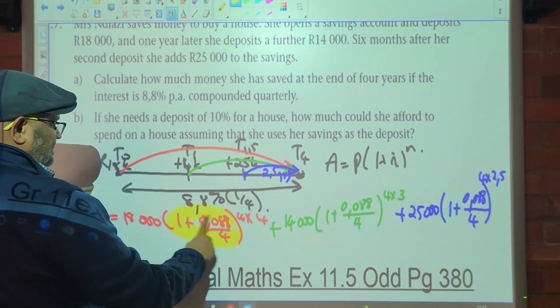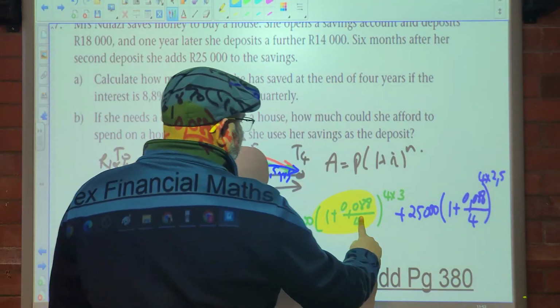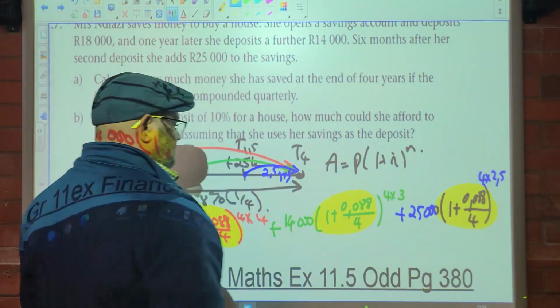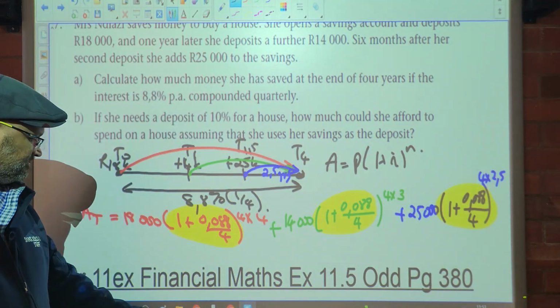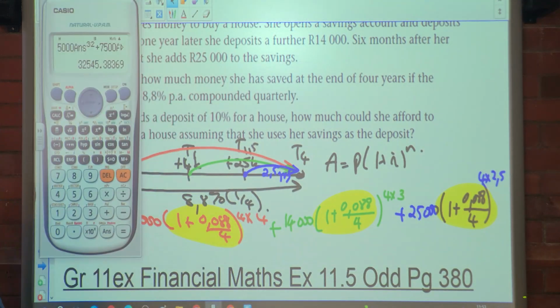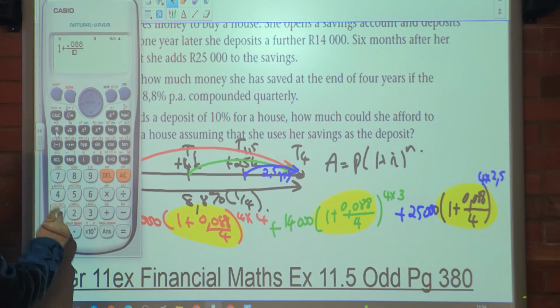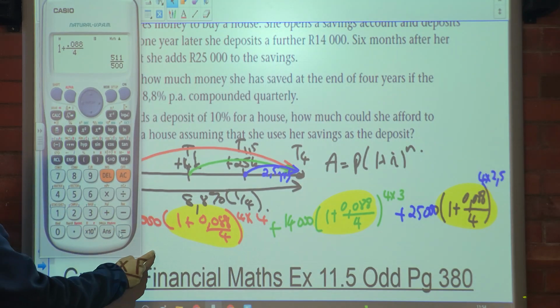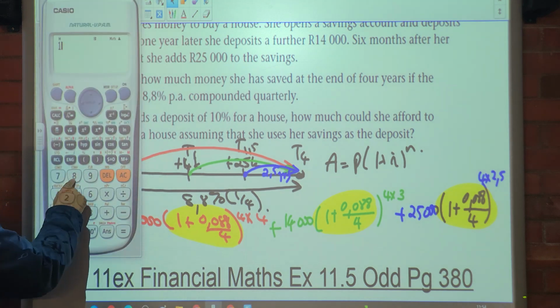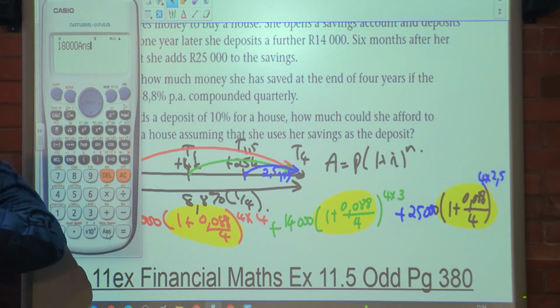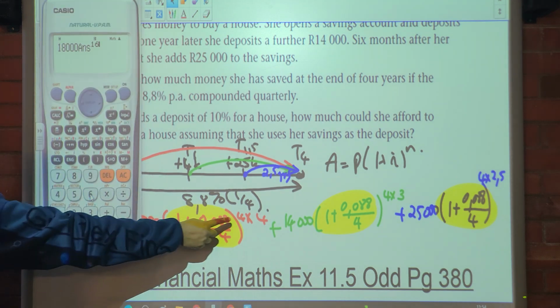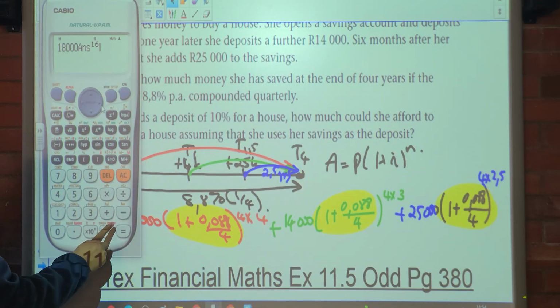Again, I'm going to put that in a calculator so that I just need to press the answer button. So we're going to say 1 plus 0.088 over 4. So it's going to be 18,000, answer to the exponent 16. That's 4 times 4 is 16.